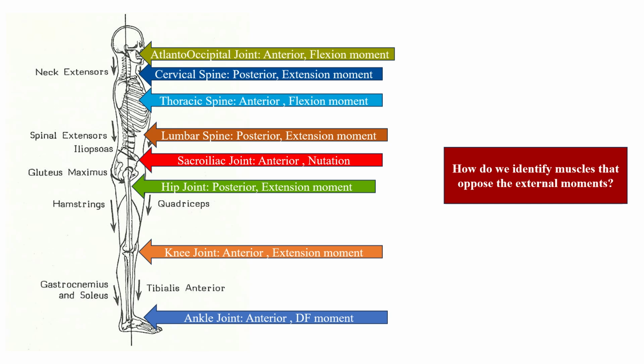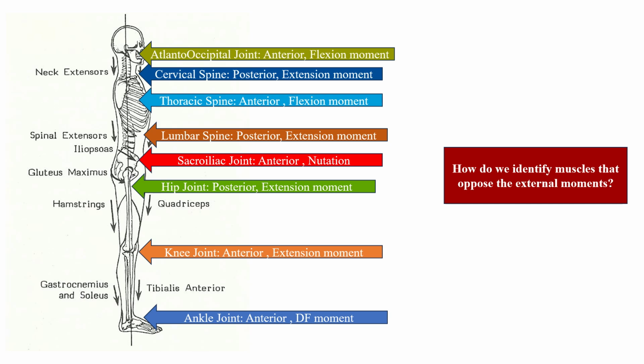Likewise, at the knee joint, the line of gravity again goes anterior to the knee joint. So there is again an anterior moment generated at the knee joint that needs to be counterbalanced by your flexors, which are the hamstrings.